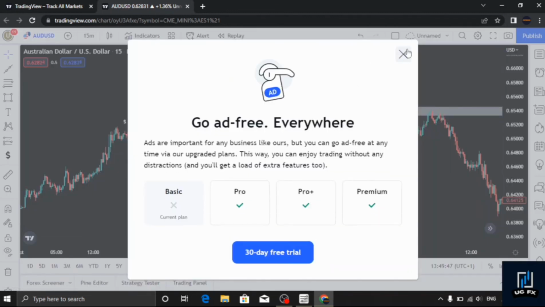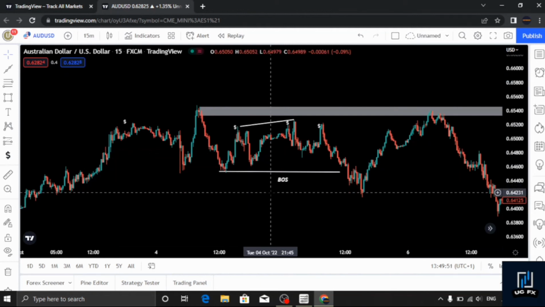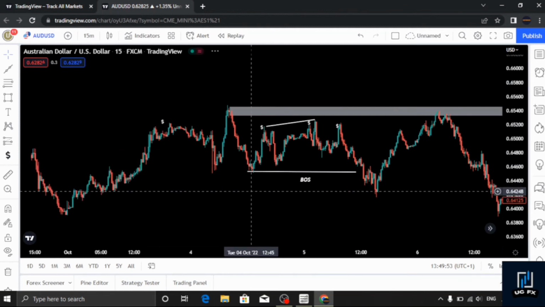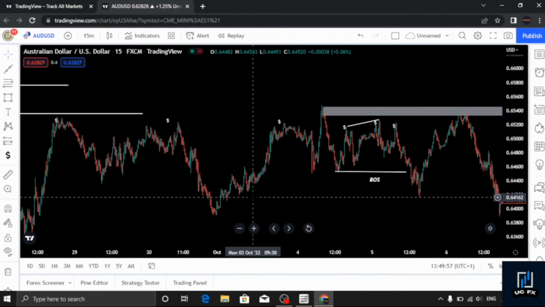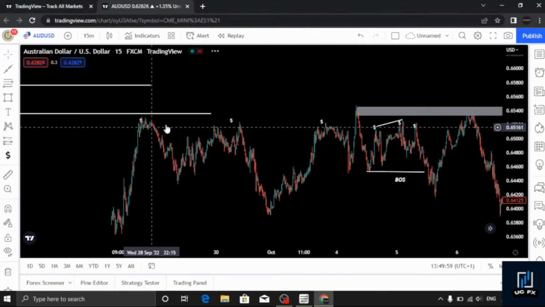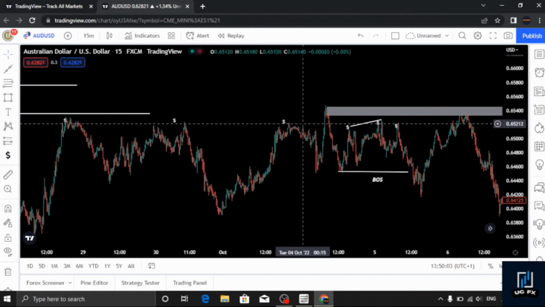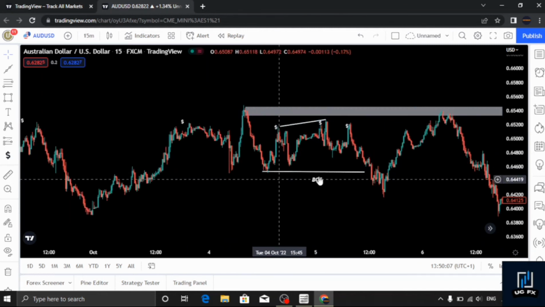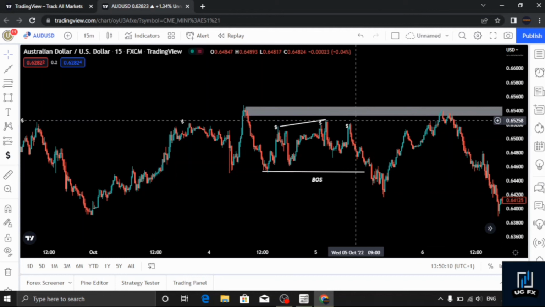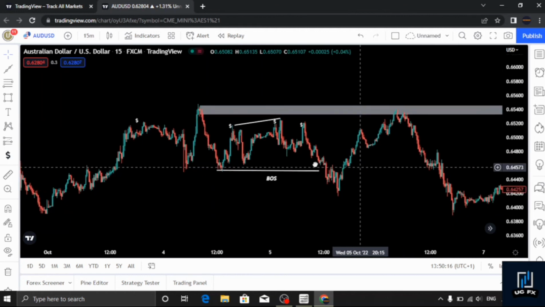First of all, you need to wait for price to break structure. As price is going back to your imbalance, you need to spot out liquidity, and you need to make sure the price is at a discount level after taking out your liquidity. After taking out the liquidity, you now need to go down to the lower time frame to spot out a lower time frame order block, a break of structure, liquidity formation as price is coming back to this order block, and this is where you start taking your entries from.